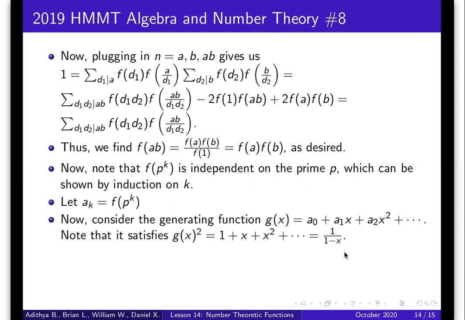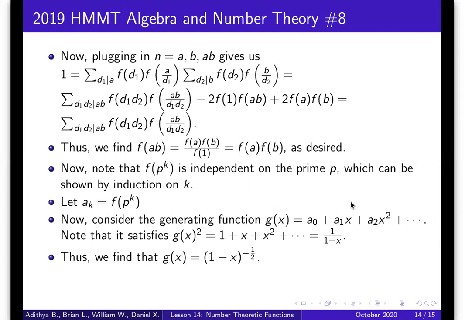Okay, so now we see that g of x equals (1 minus x) to the negative 1/2. And we take the positive square root because we know that a0 is positive 1.